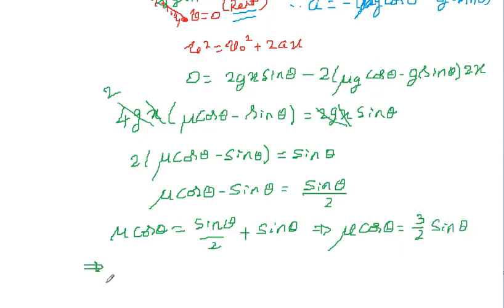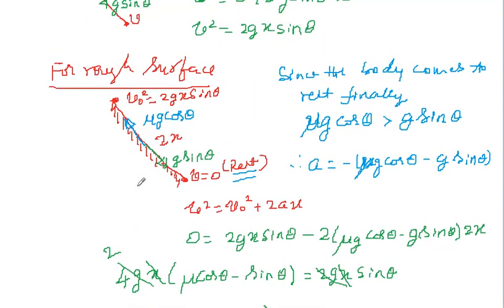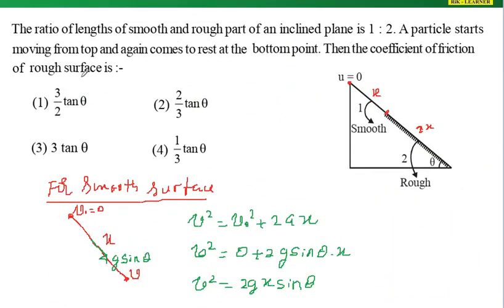Further, for mu, this is 3 by 2 tan theta. This is the coefficient of friction. In all the upper steps, mu stands for coefficient of friction of this inclined plane. So 3 by 2 tan theta is our answer.